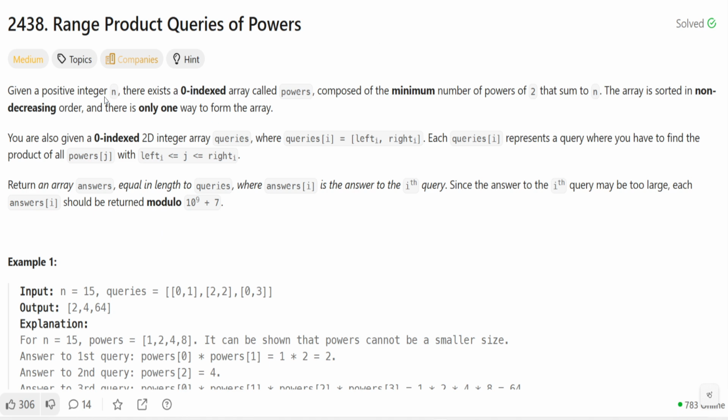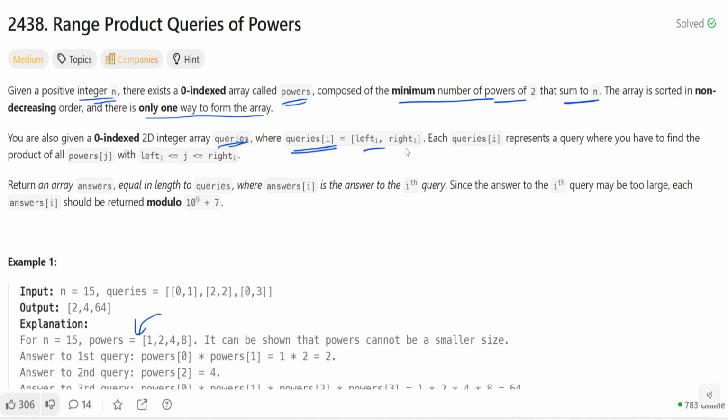We are given a positive integer, and there exists a zero-based array called powers. We have seen that this is the powers array. We compose the minimum number of powers of 2 that sum up to n. The array is sorted in non-decreasing order, and there is only one way to form the array. You are also given a zero-indexed integer array called queries.